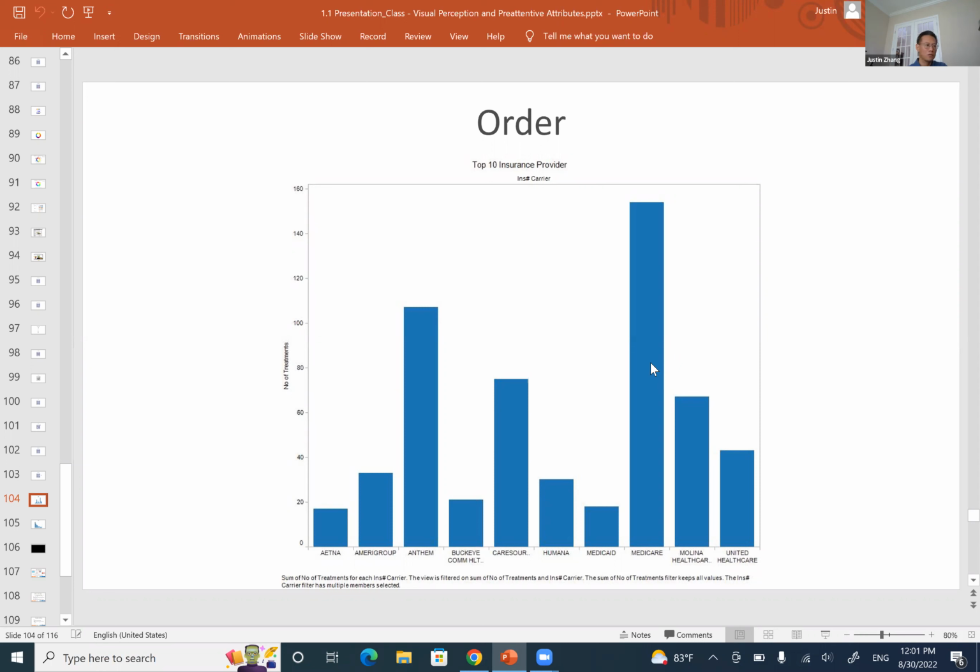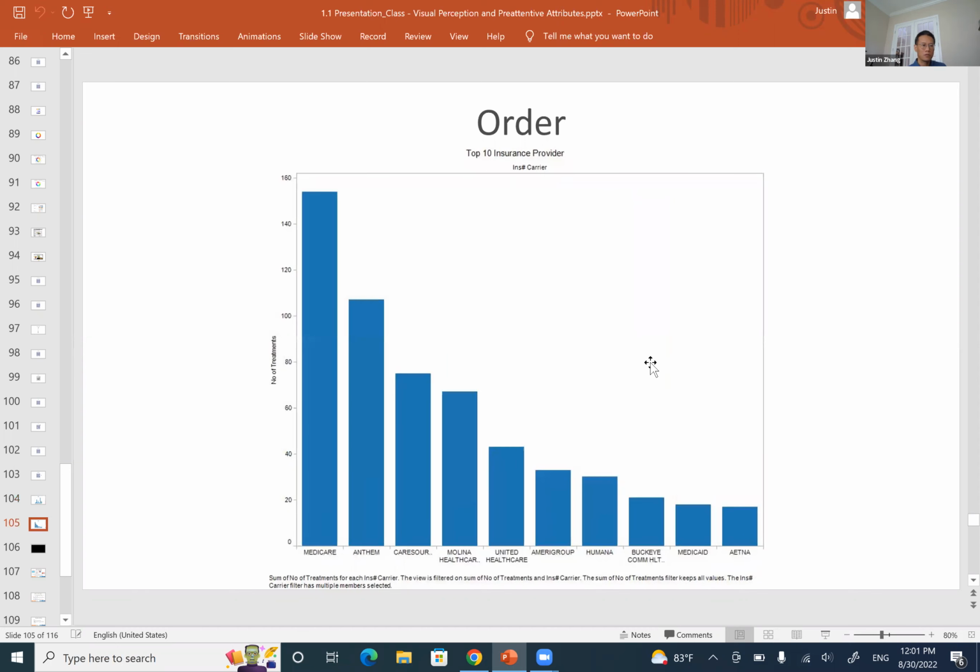So it's not easy to answer some of the questions like what is the top provider, what is the bottom provider, what are the top 3 providers, etc. If we sort this bar chart, now we can easily answer those questions. So this tells us that order can sometimes be a very useful pre-attentive attribute to help us quickly get the information to the audience.